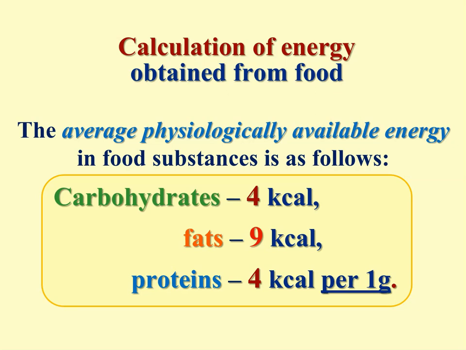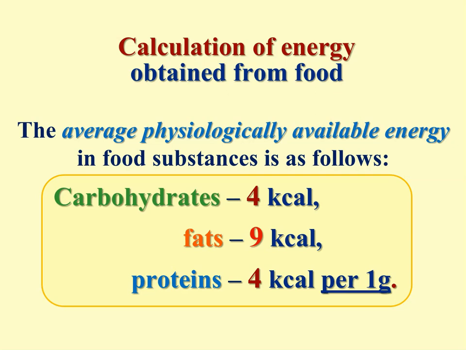Carbohydrates are absorbed close to fully, about 98%, fats rather highly, but proteins are not absorbed fully. Taking into account this incomplete absorption, the caloric values are rounded to 4, 9, and 4.